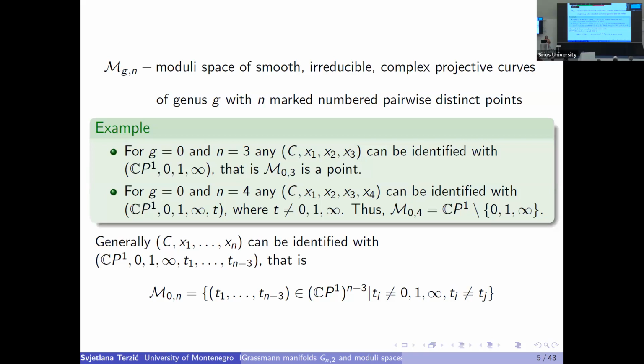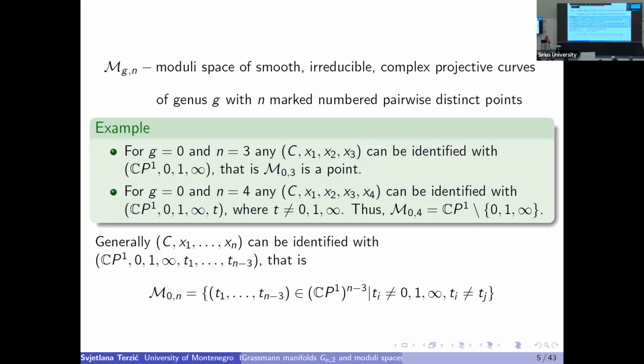When genus is equal to 0 and n is equal to 4, this moduli space can be identified with CP1: C can be identified with CP1, x1, x2, x3 with three points 0, 1, infinity, and we are left with the point t, which cannot be 0, 1, infinity. So the moduli space M04 is CP1 without these three points.